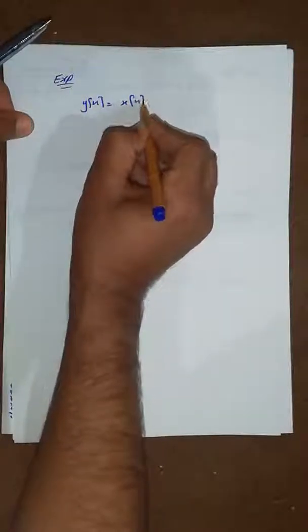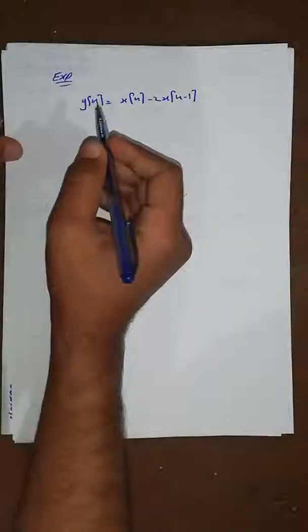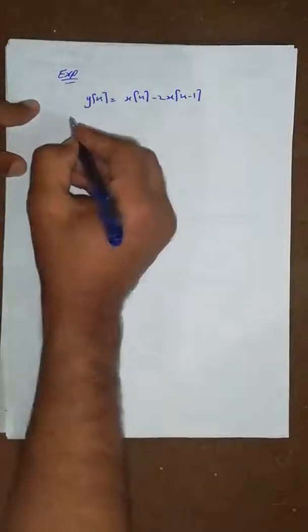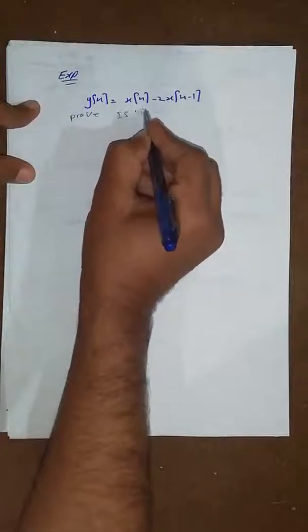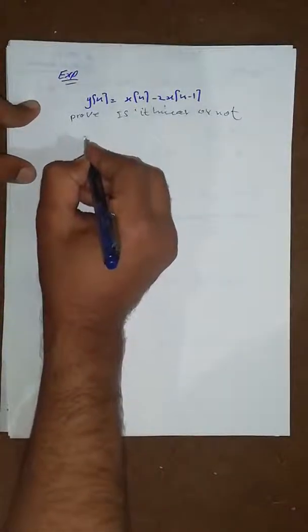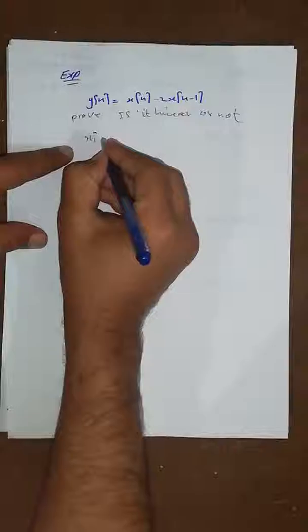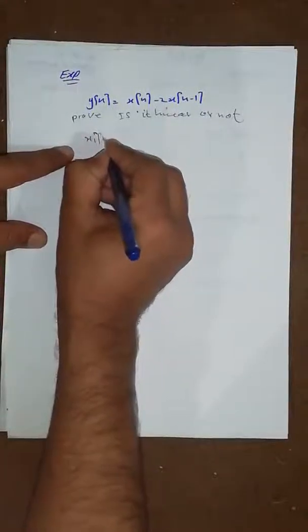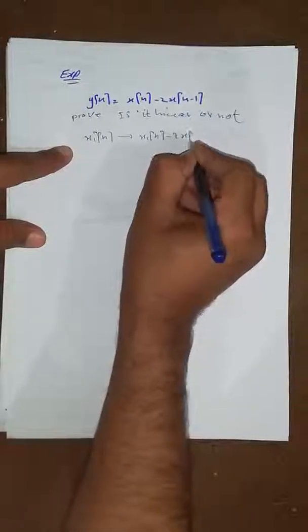Let's suppose this is the output. Is it linear or not? x1 of n is the input, and the output is y of n equals x1 of n minus 2 x1 of n minus 1.